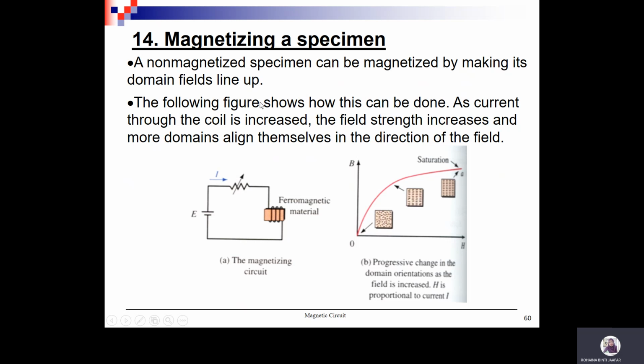As the current through the coil is increased, the field strength increases and more domains align themselves in one direction. When you add more current to your ferromagnetic material, all the field directions will be in one direction until the saturation point. So this is how you magnetize the ferromagnetic material.